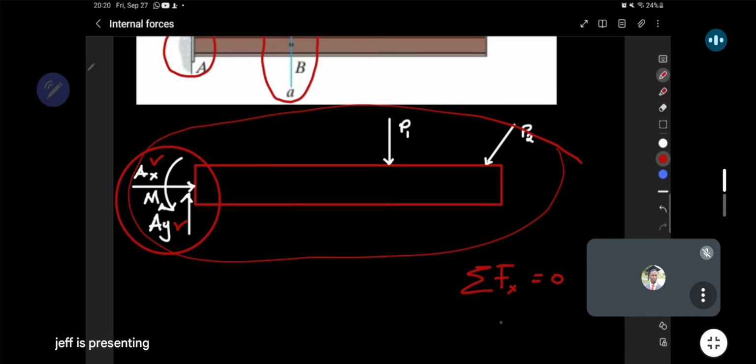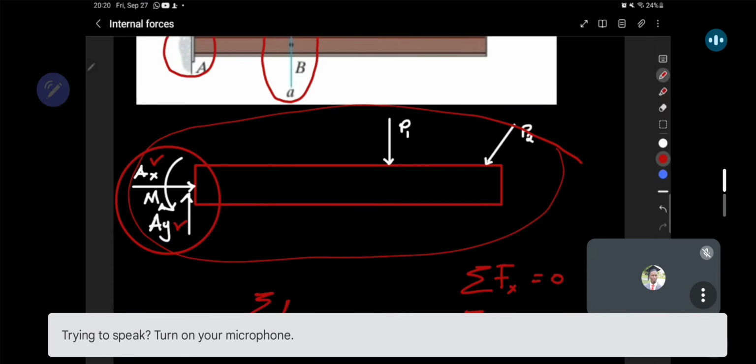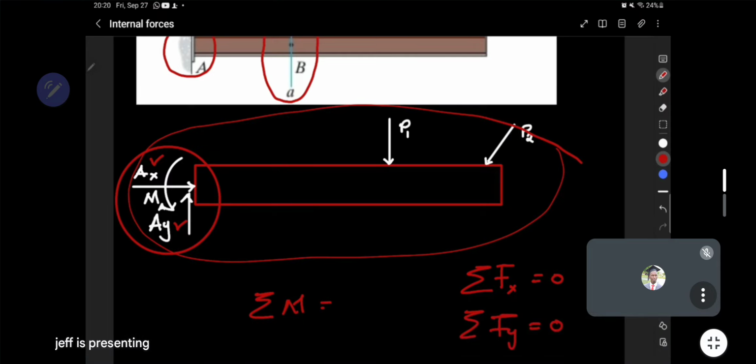Since it is in equilibrium, sum of forces in x equals 0. You can also take sum of forces in the y to be equal to 0. And finally, you can also take sum of moments to be equal to 0 since it is in equilibrium. After you have figured out AX, AY, and the moment about A, then you can move on to get your section.